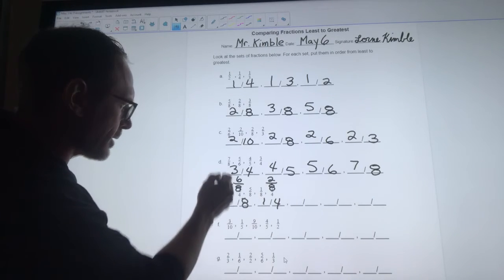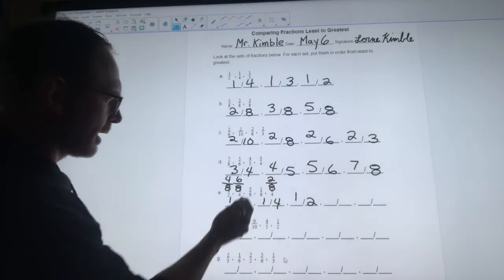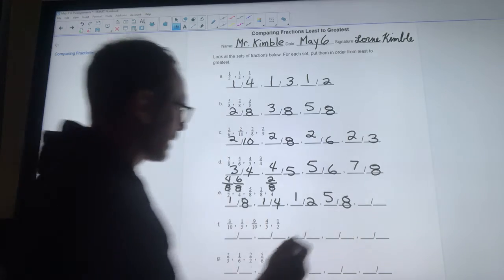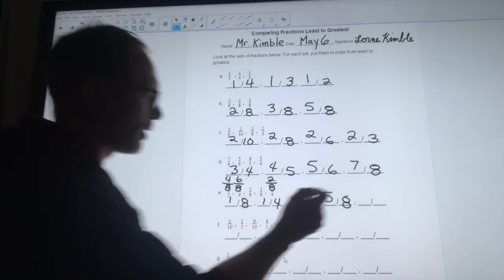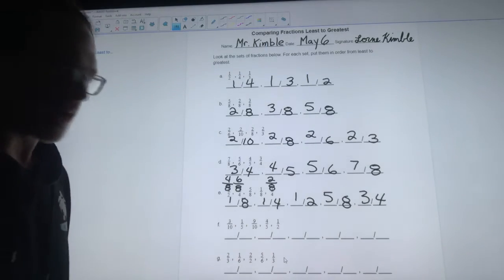Then I have 4/8, that's 1/2. That would be the next. Then 5/8. And then lastly, 6/8, which is 3/4, would be my largest fraction.